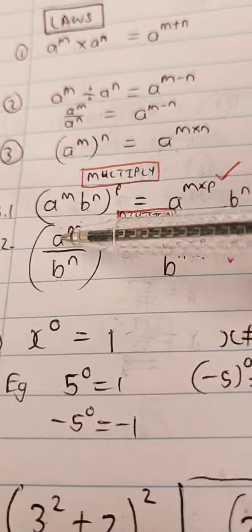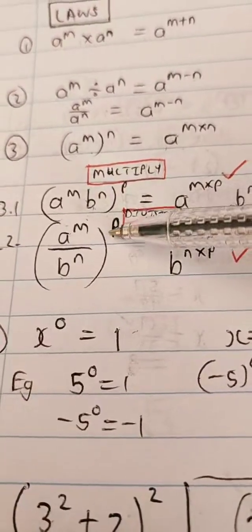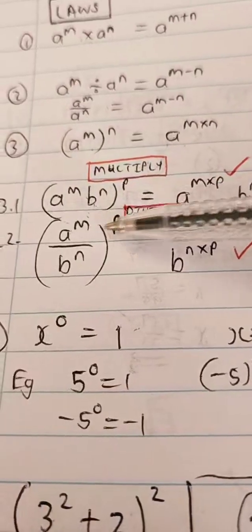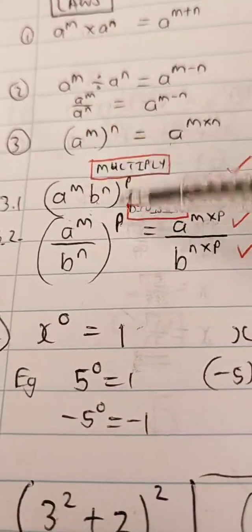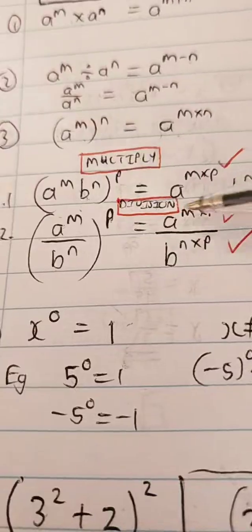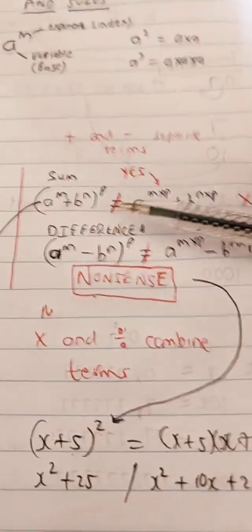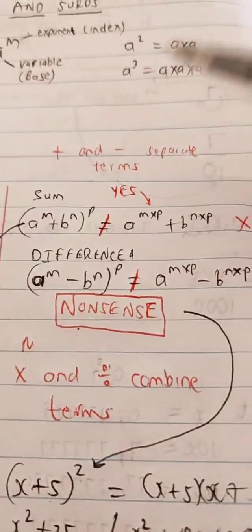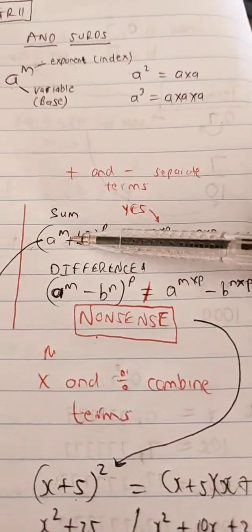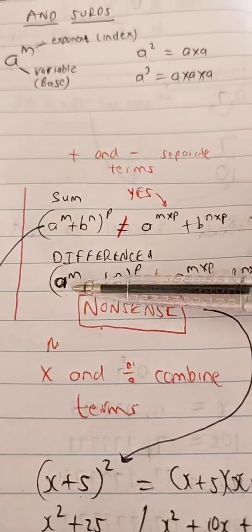Look at this here. The relationship between these bases is division. There's an exponent outside. You can apply law number 3 and multiply so that you have a to the power m times p over b to the power n times p. But guys, I said yesterday, we do not apply law number 3 where there is addition or subtraction of bases.